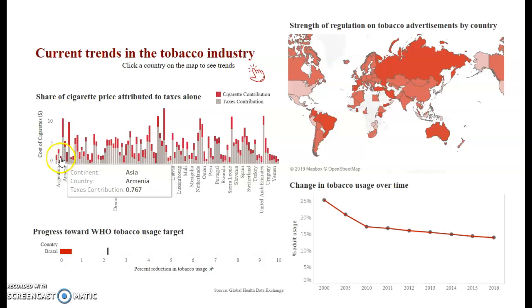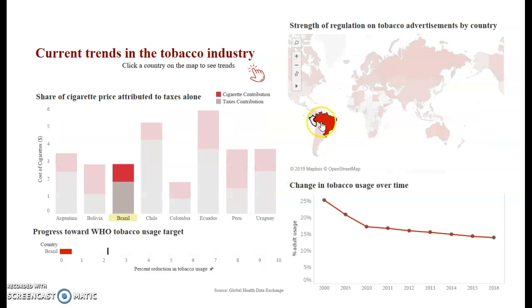In this middle chart, we have every single country in our data set. It's a stats bar chart. When we click on Brazil, our country will be highlighted, and it'll filter to just include the countries that are in Brazil's continent. So here we have all of South America.